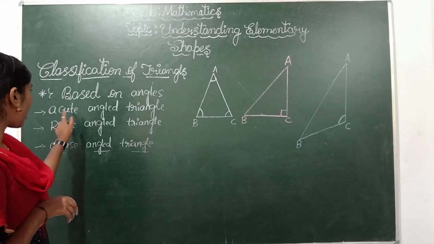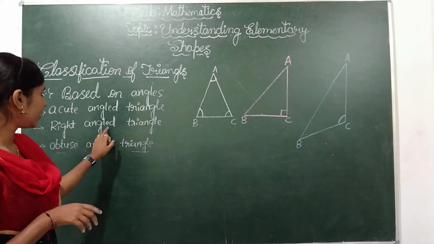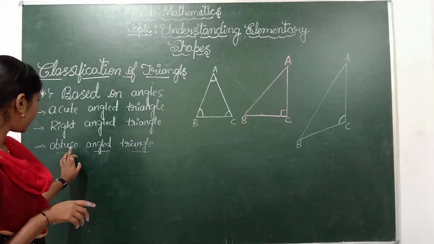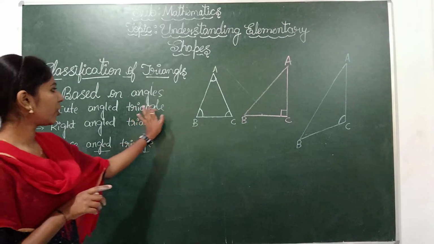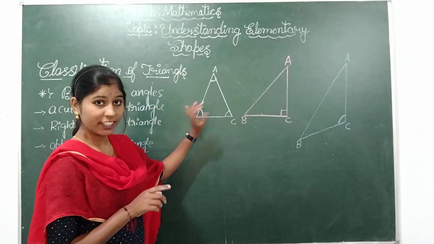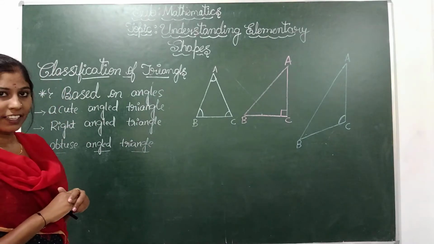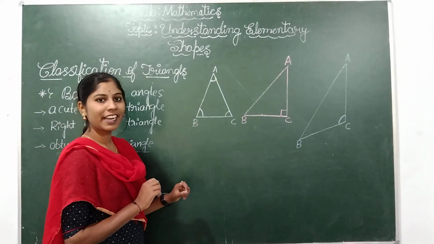The first one is acute angled triangle, another one is right angled triangle, and another one is obtuse angled triangle. What is an acute angled triangle? This is an acute angled triangle. Each angle in the triangle is less than 90 degrees.